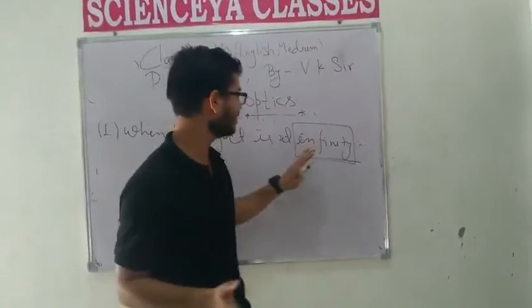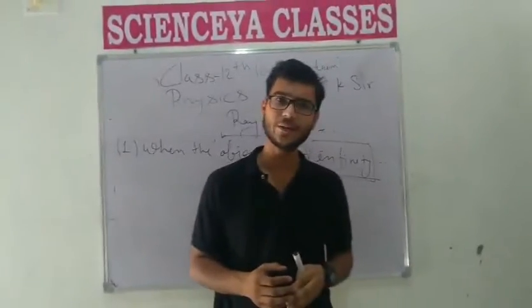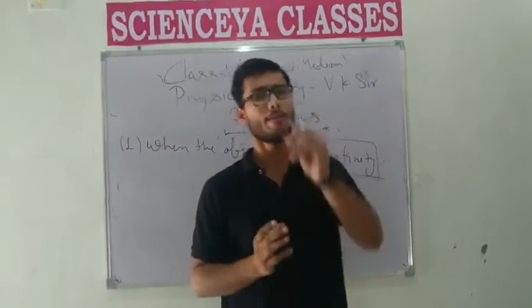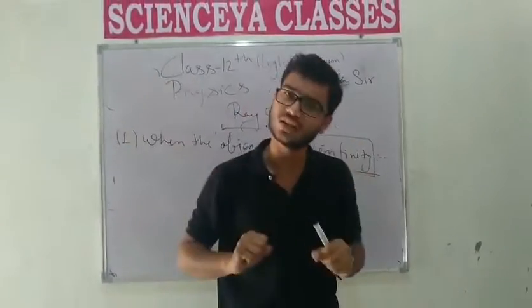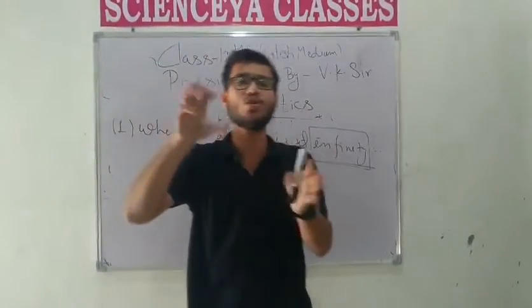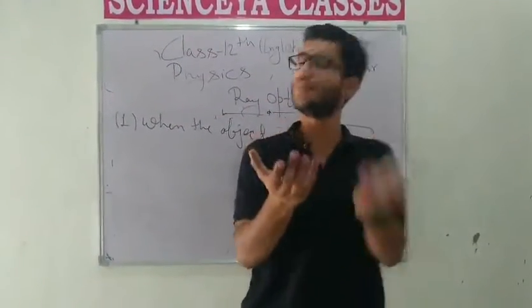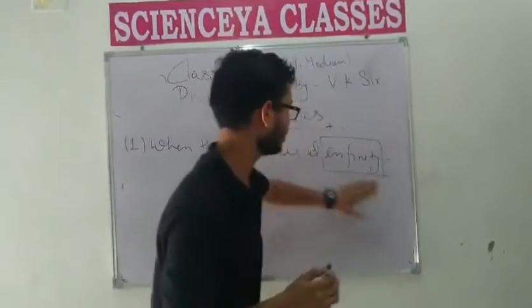Understand by another example: your mental age is very little compared to your grandfather's, or your grandfather's mental age is infinity compared to your mental age. So student, this is the basic infinity term, and you mention in the comment section to understand it more confidently.